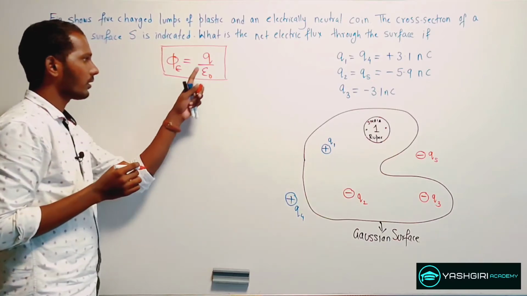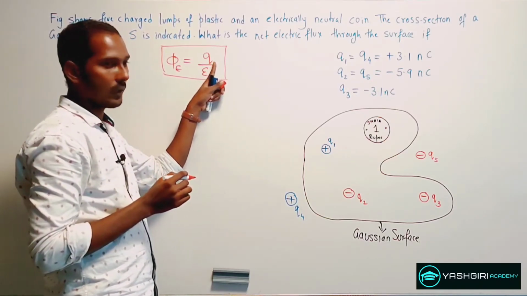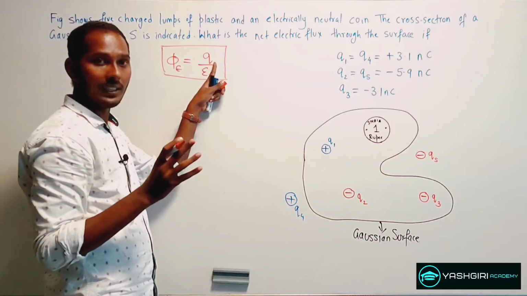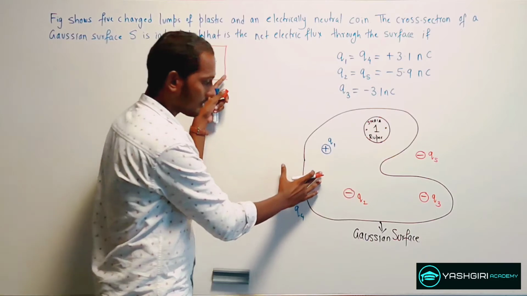Now if you look at this, the charge Q is just the addition of all the electric charges which are inside this Gaussian surface.